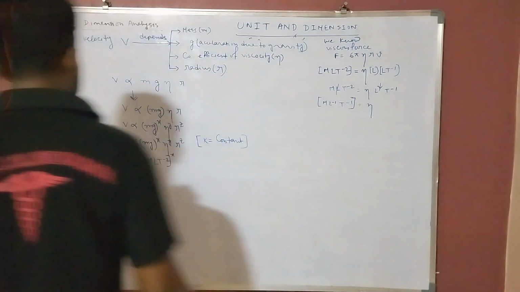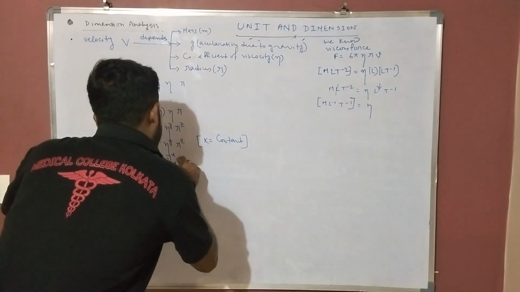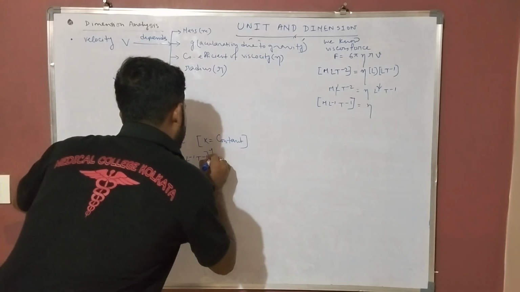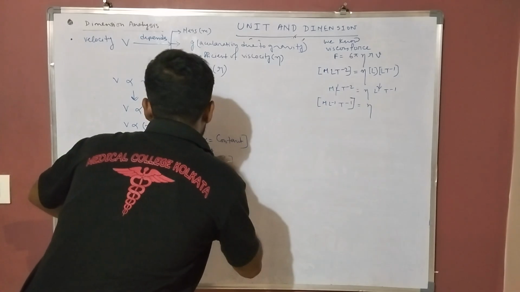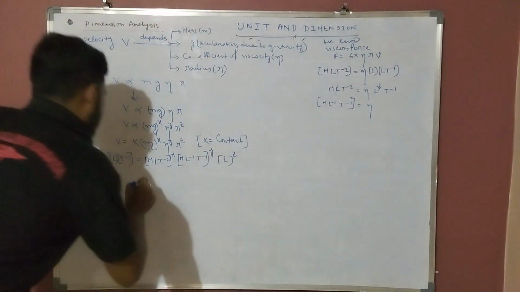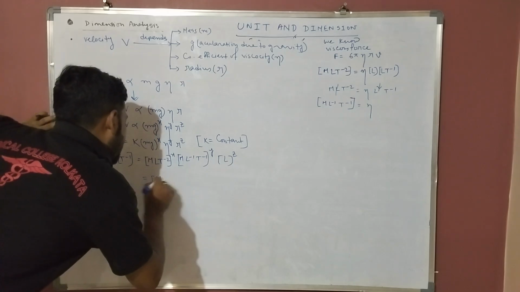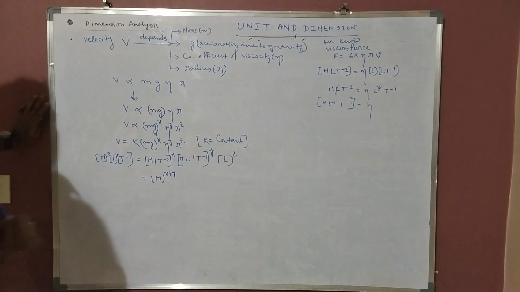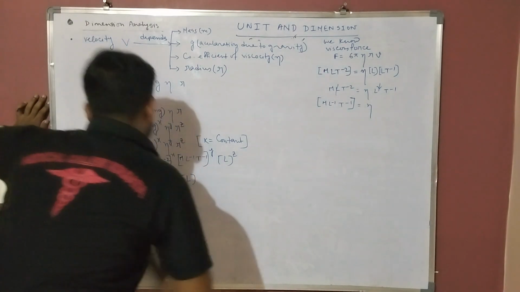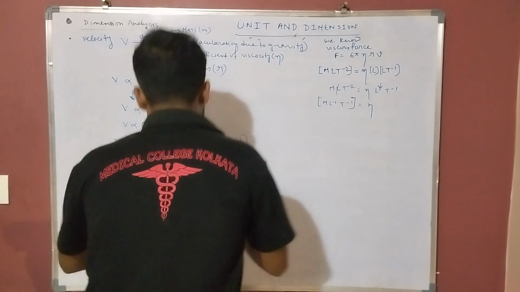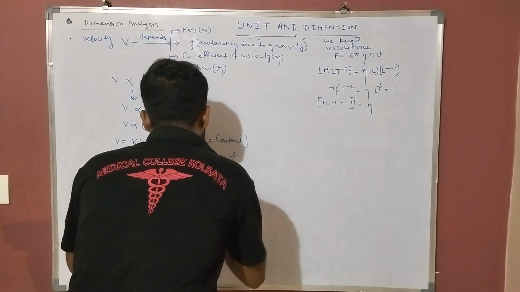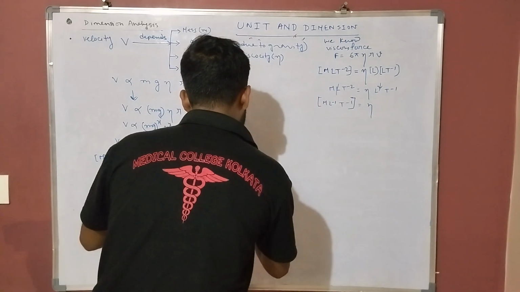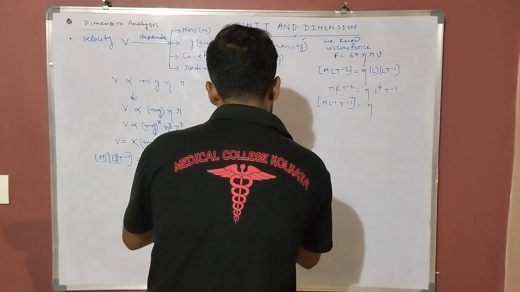Understood? So put here m L to the power minus 1 t to the power minus 1, all to the power y, and r means radius, length, to the power z. So now ultimately we can write m to the power x plus y, L to the power x minus y plus z, and t to the power minus 2x minus y.